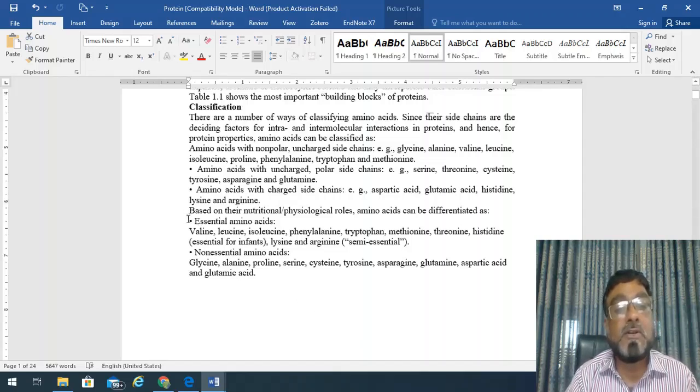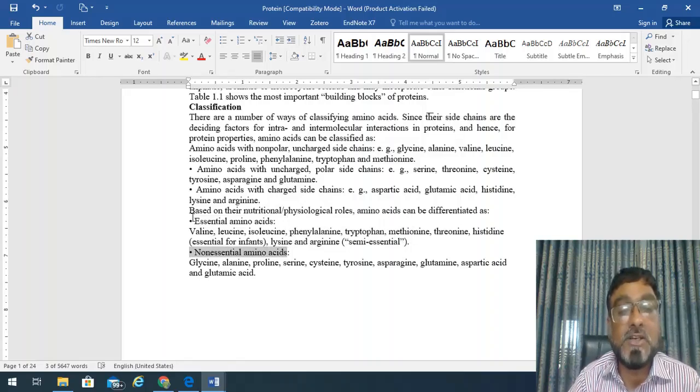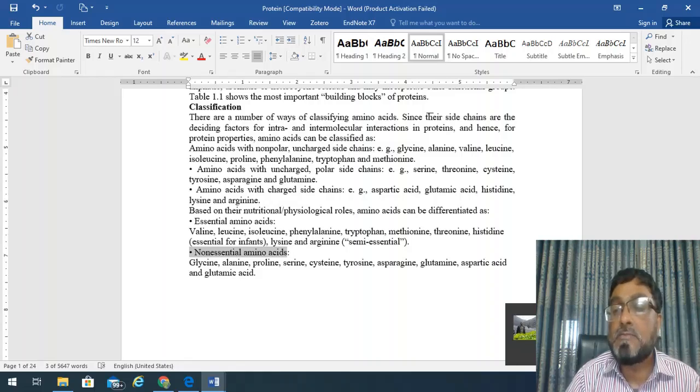First of all, we are looking at the essential amino acids and the non-essential amino acids. Essential amino acids are those that are essentially required by the human body but not produced by the human body. Non-essential amino acids are normally produced by the human body.